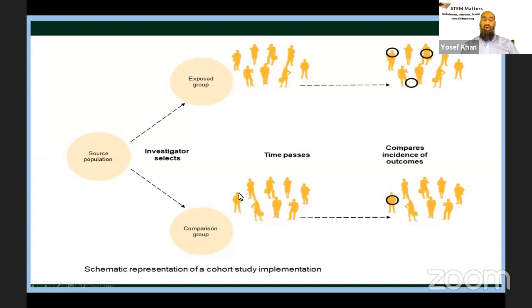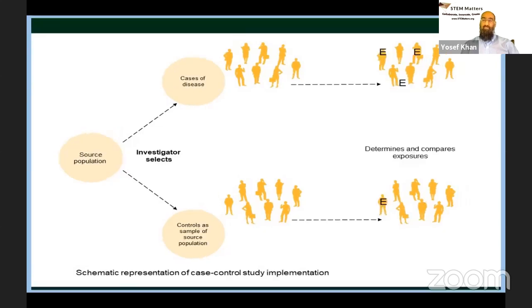Cohort studies are more observational in nature, so we are not intervening, we are just observing these two groups. One group has that exposure, the other group doesn't. We follow them over time to understand within each group what was the incidence, or the number of new cases of the outcome that we're focused on.